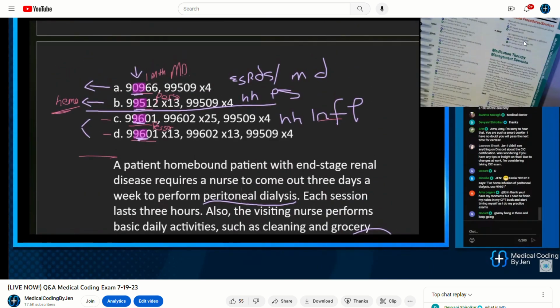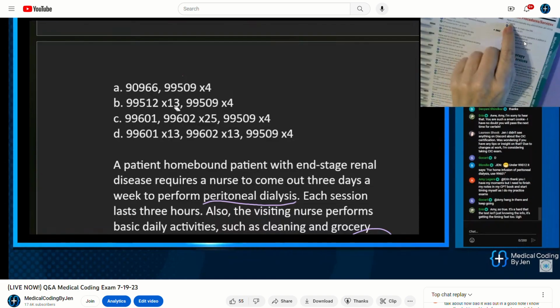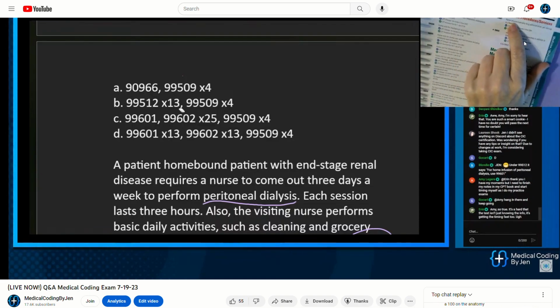Why this 13? Why would we be timesing it by 13? If we read the CPT code descriptor, it says home infusion, drug administered per visit up to 2 hours.